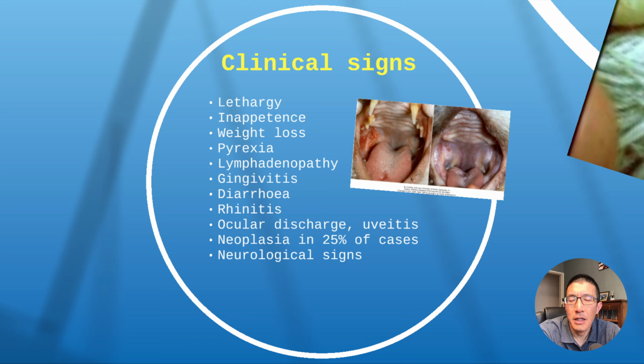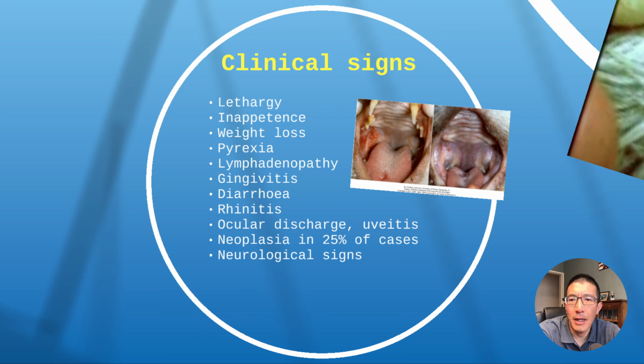With active FIV, cats will show a fever, lymphadenopathy, and leukopenia. This is normally followed by an asymptomatic phase. The second or chronic phase is a result of the failing immune system and includes anorexia, weight loss, pyrexia, and lymphadenopathy.